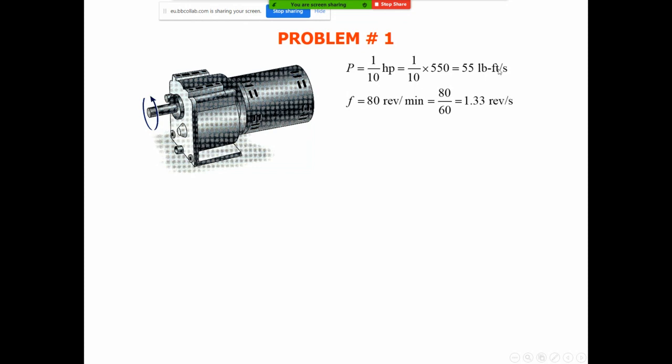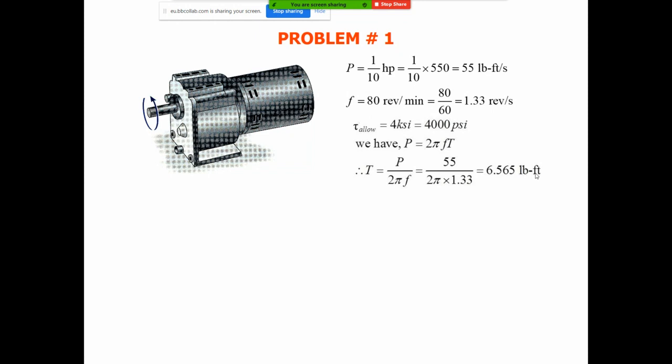You have to be careful because here it will be second, here it will be just a minute, okay. So that we use this one and that one in order to find the torque. The torque, or the torsion, is nothing but the power divided by that, so you will get it in pound foot.